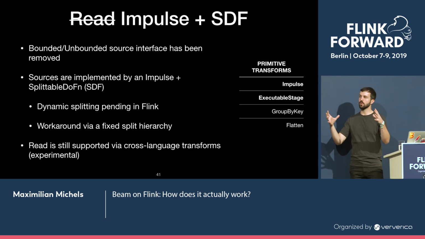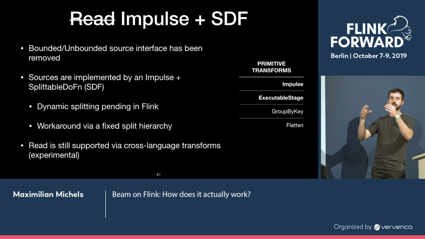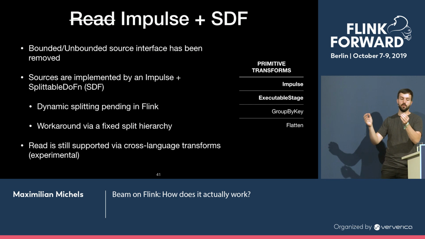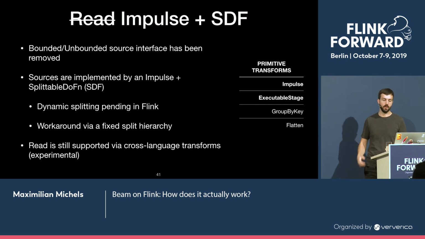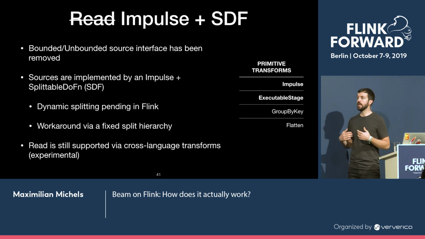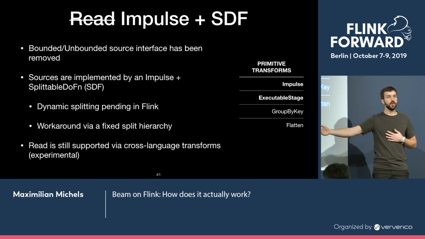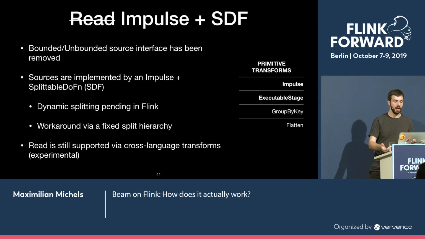We have the idea to create a fixed hierarchy of maybe a depth of 10 levels, and then we can do 10 times splitting, which would already be really powerful. That's to do, but in the meantime, we can use cross-language transforms, which use the Java transforms inside Python pipelines, but I'm running out of time, so I'll keep it short and sweet.